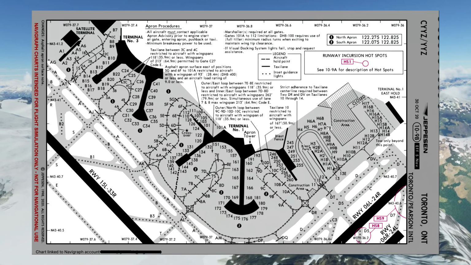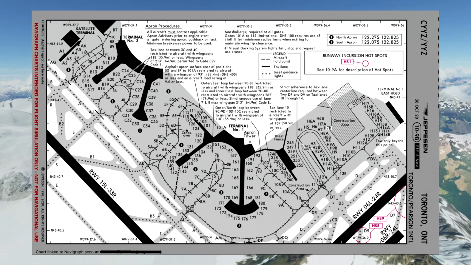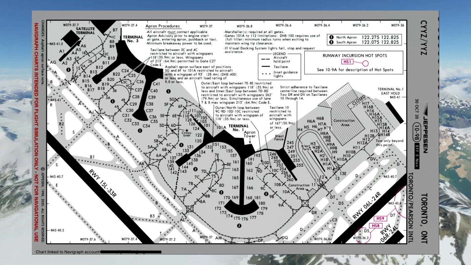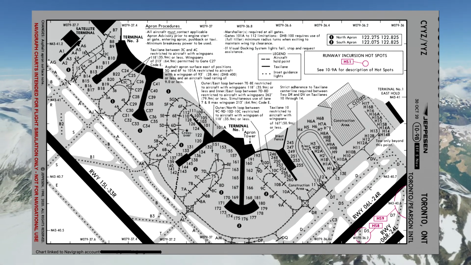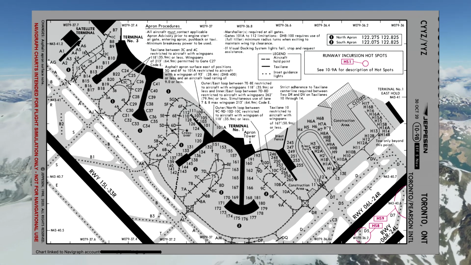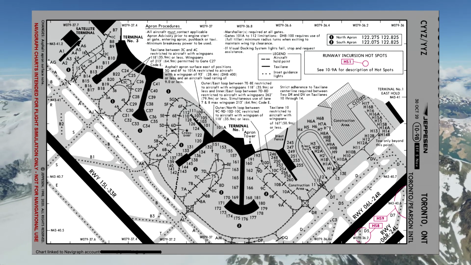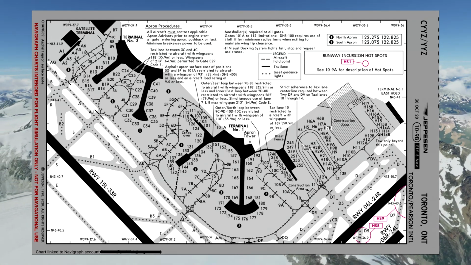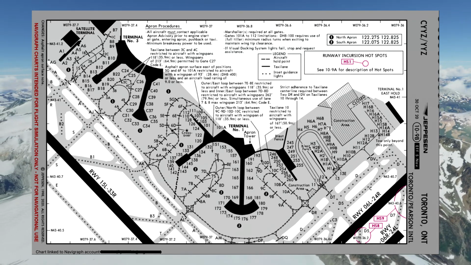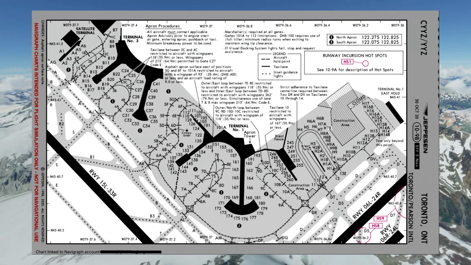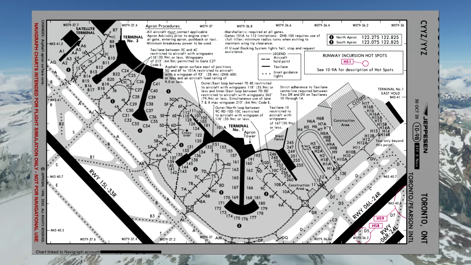So you can see it's got that extra loop on top. Restricted to an aircraft with wingspan of 118 feet or less. So if the aircraft you're flying has a wingspan of greater than that, you are not permitted to use that because you're going to be too close to the equipment, the gates, all that type of stuff there. So these are the things you have to know about your aircraft, the sizes of it, where you're going, where you're taxiing to. It also gives you the hold point.